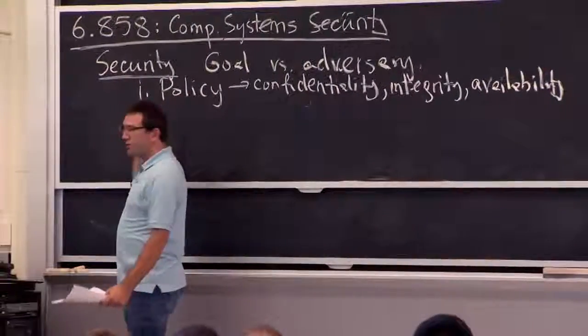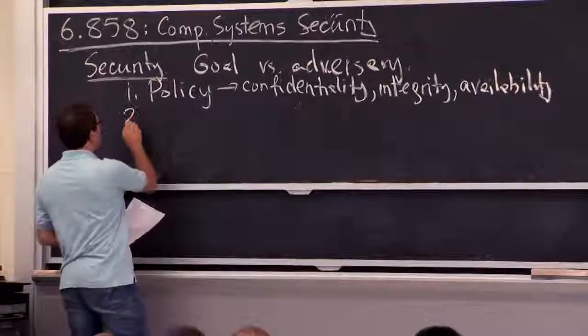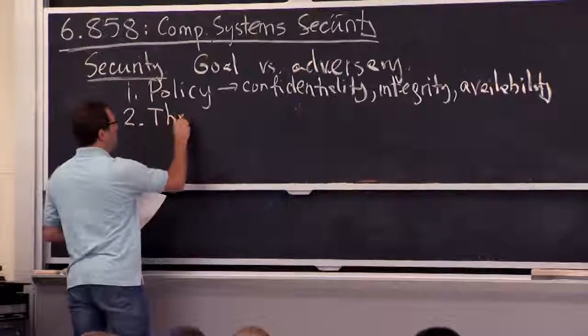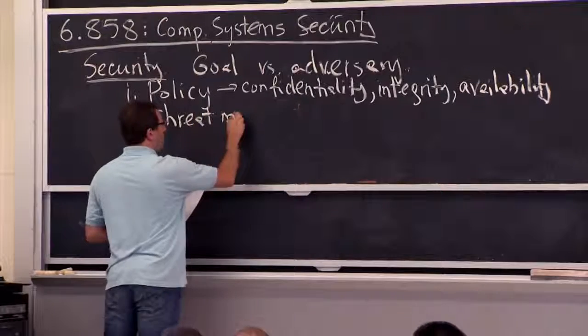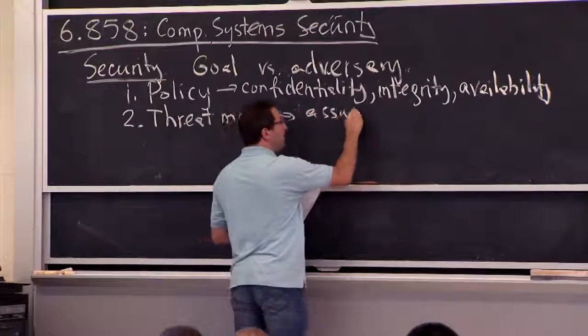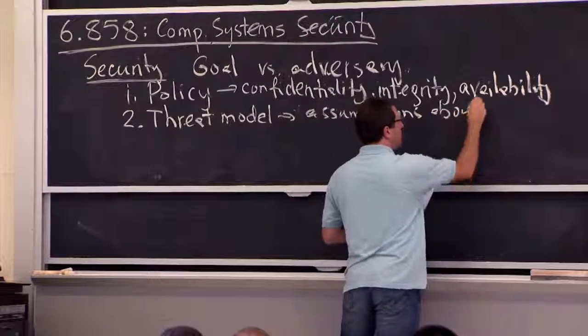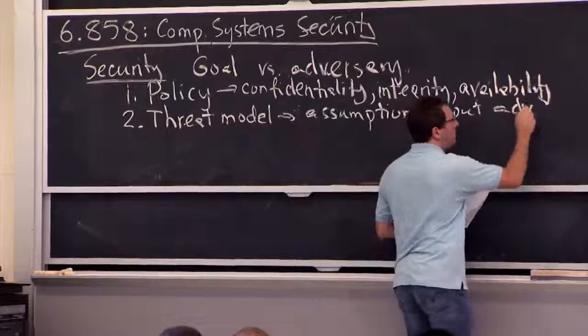But because of security, there's a bad guy involved. We need to understand what we are thinking the bad guy is going to do. And this is typically what we call a threat model. And this is basically just a set of assumptions about our adversary.